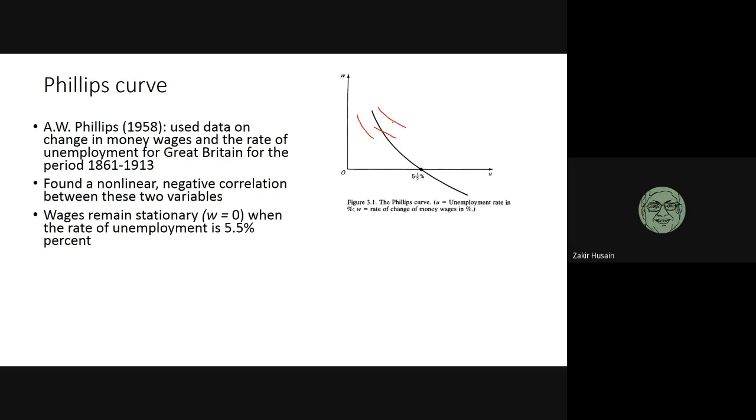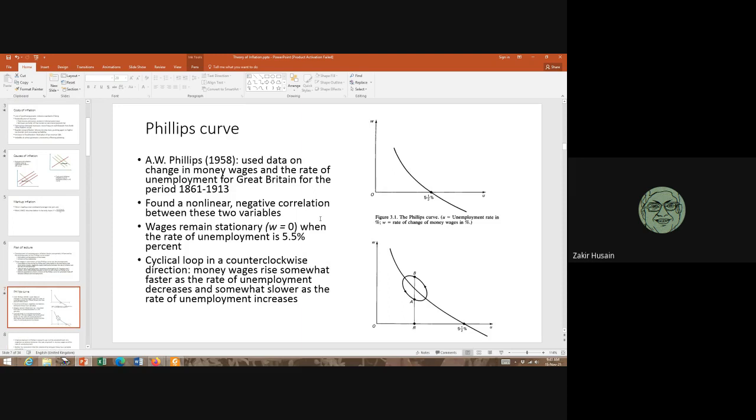So, in other words, in this case, it becomes an unstable relation. The relation is negative, but it is unstable. What we have is the line is always like this. The relation between unemployment and wage rate can be represented by a stable line which does not shift over time. Okay.